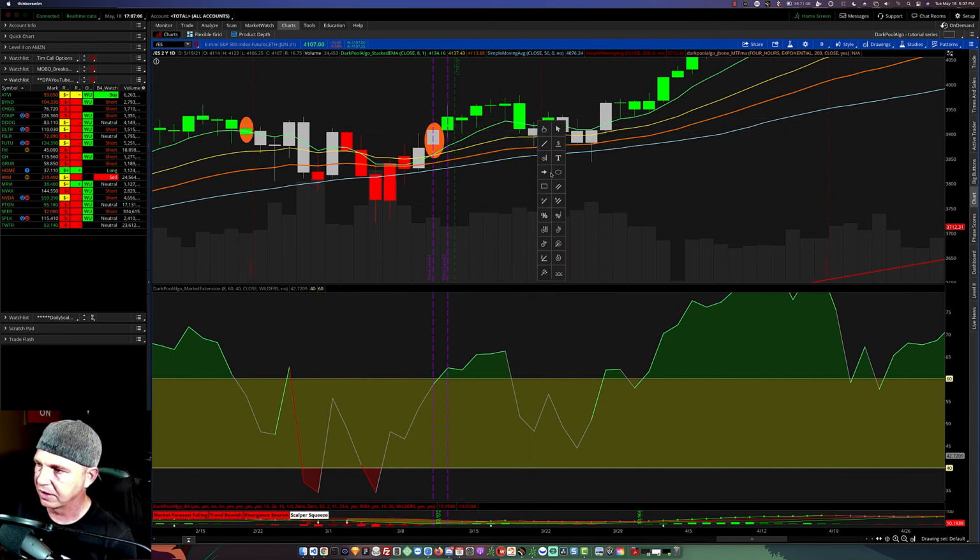So the difference between the two is this. This would be like the ride the 9 or ride the 8 strategy. The market extension candle would have indicated it would be possibly time to readjust the trade or get out on this candle.